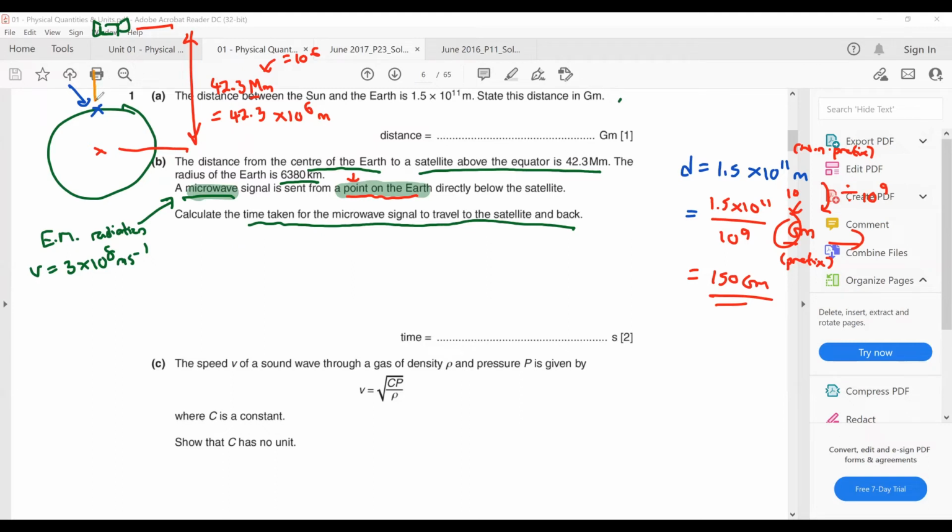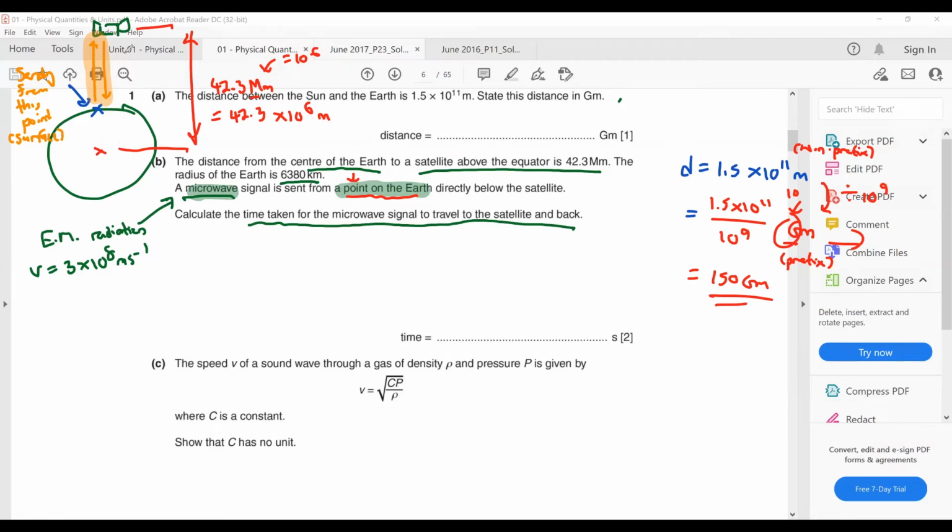It means you want to find this one. The time for you to go here and then back here. This is the time that you want to find. You are sending from this point on the surface, not from the center of the Earth.